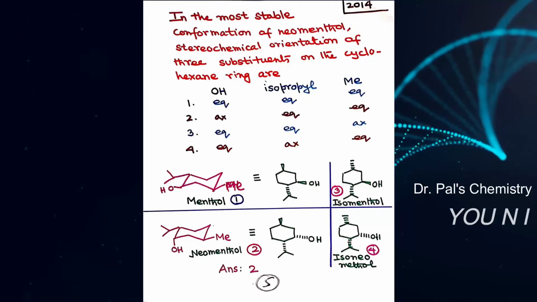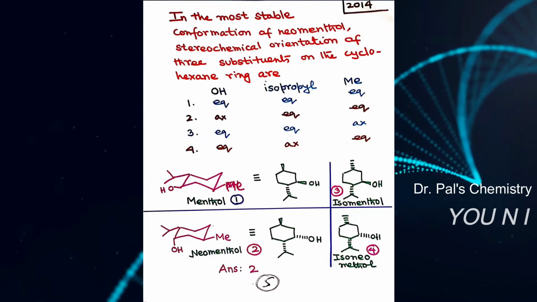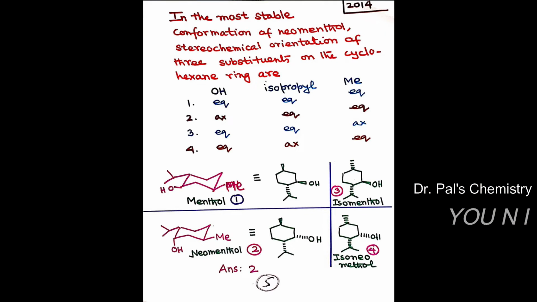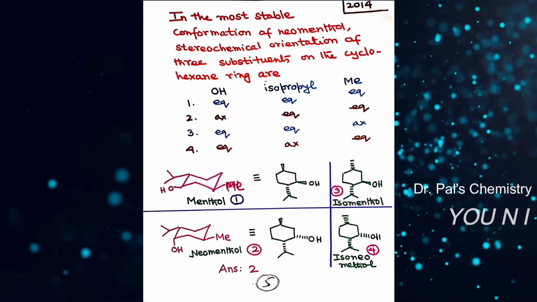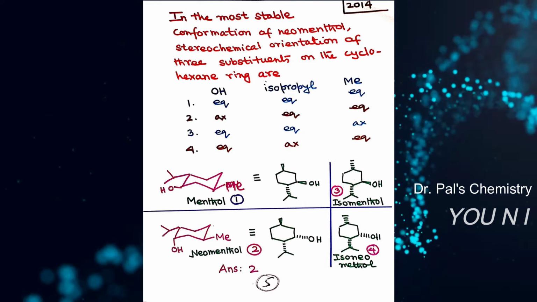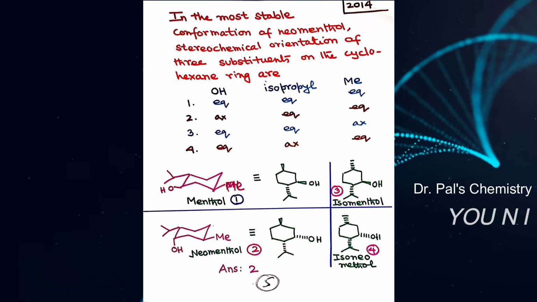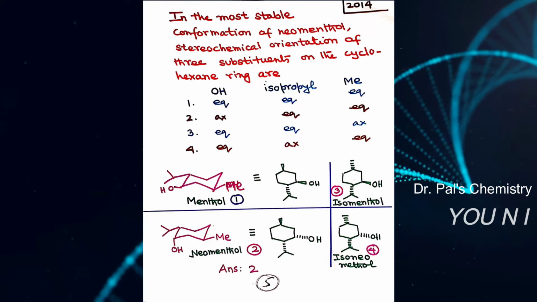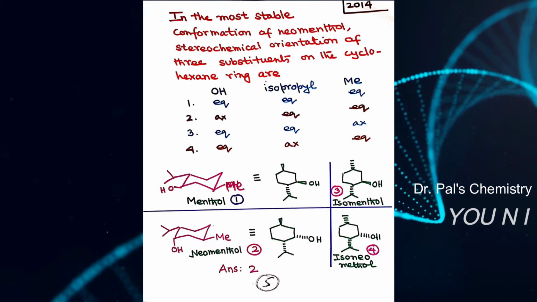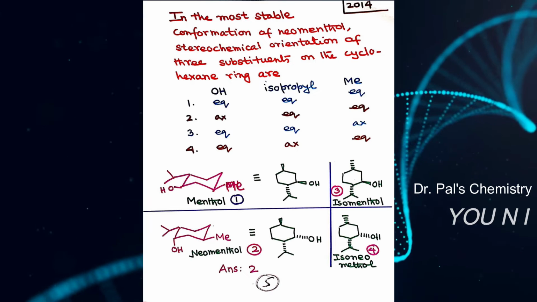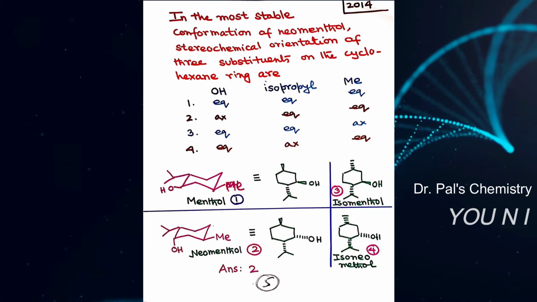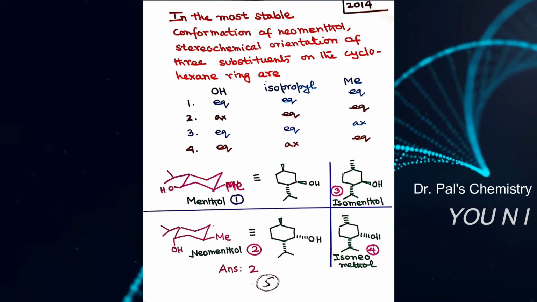Now coming to another question in 2014: in the most stable conformation of neomenthol, what are the stereochemical orientations of the three substituents on the cyclohexane? So there are three substituents in the cyclohexane. One is OH, one is isopropyl, and the third one is methyl. They have given various combinations of orientations of OH, isopropyl and methyl.